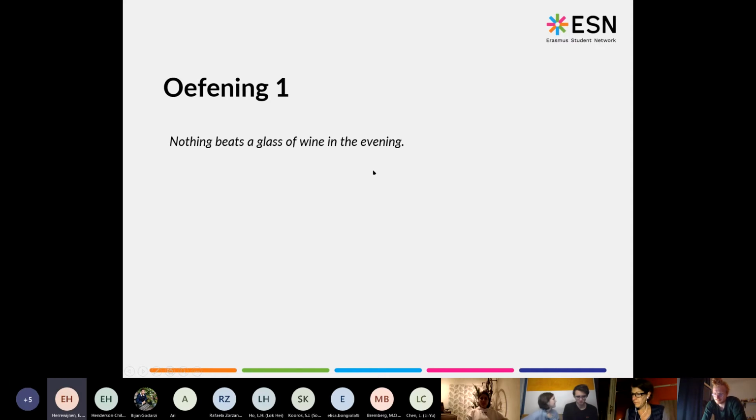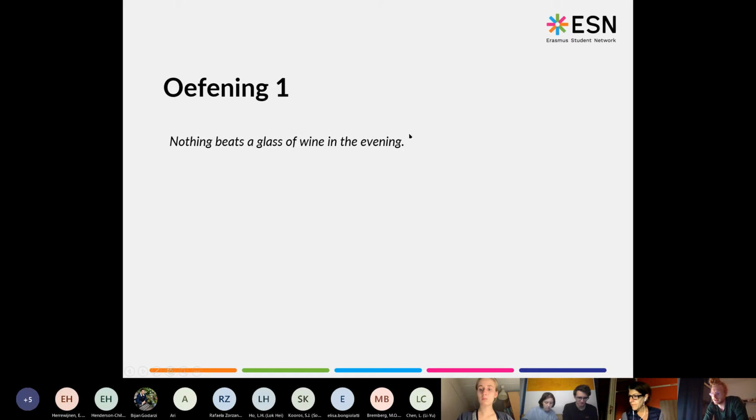So you have to translate the following sentences into Dutch. Nothing beats a glass of wine in the evening. Maybe we could start with this one because it's kind of difficult.